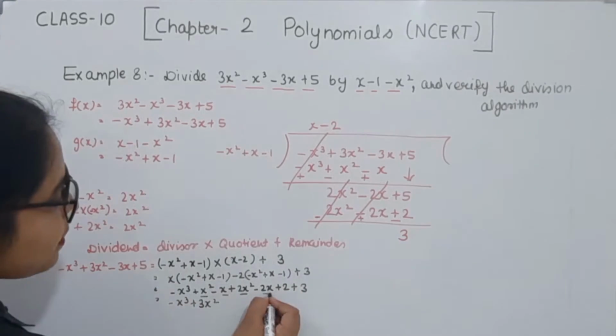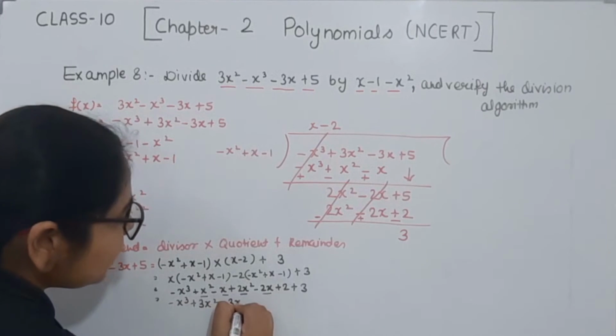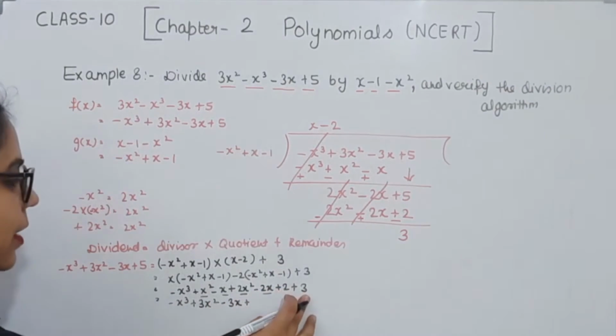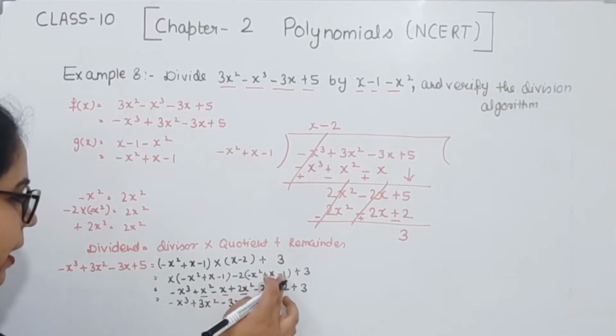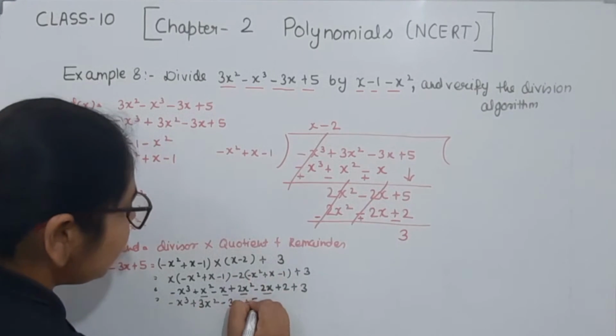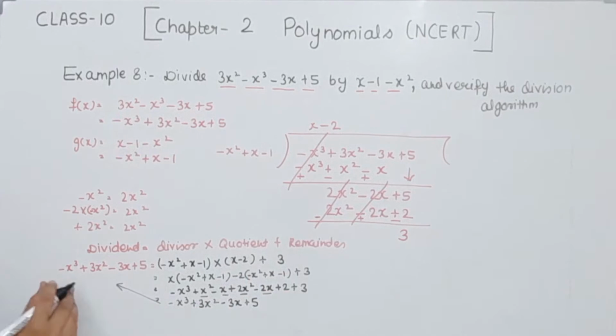Now minus x minus 2x will have minus 3x, and minus minus plus we are having 2. Now 3 plus 2 will be equal to 5. So this one is minus x to the power 3 plus 3x square minus 3x plus 5. So this one is verified with the division algorithm. So this one is example number 8.